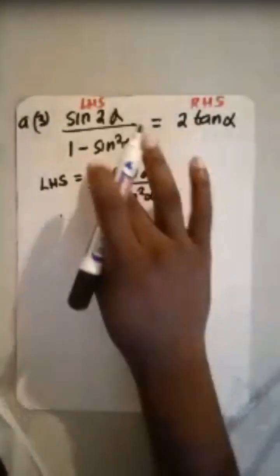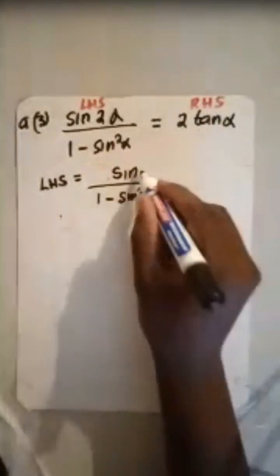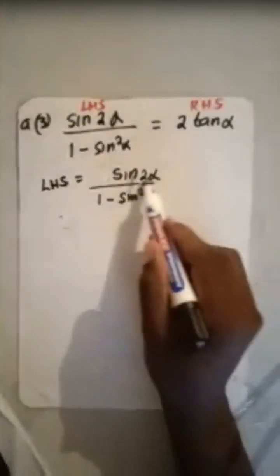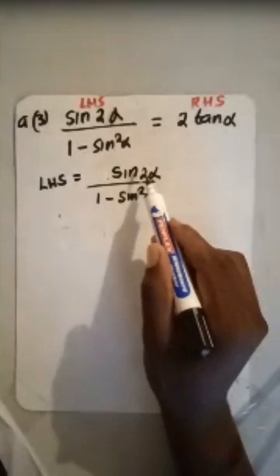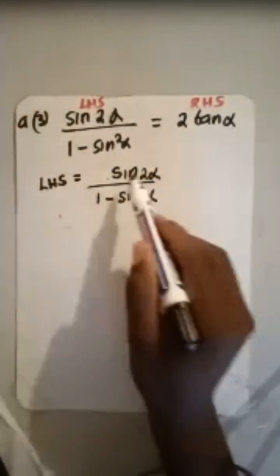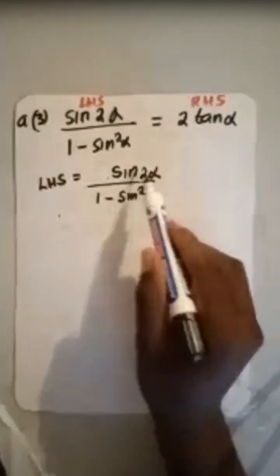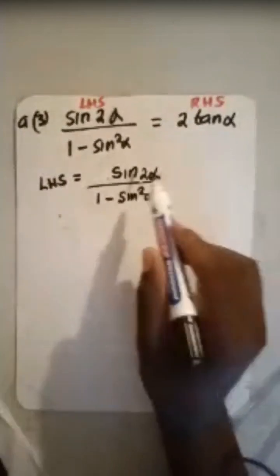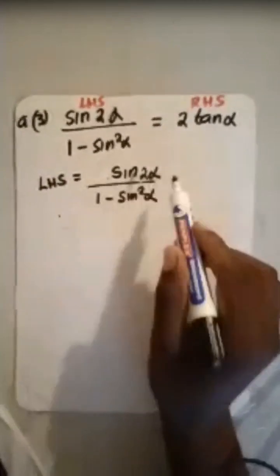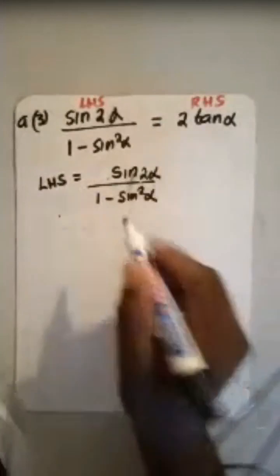Sorry guys, it's sine 2 alpha. The moment you see 2 alpha there, it means this one is a double angle. Even if you don't know how to work through, the moment you see sine 2 alpha and know that it's a double angle, you're going to get a mark for changing sine 2 alpha to its identity.